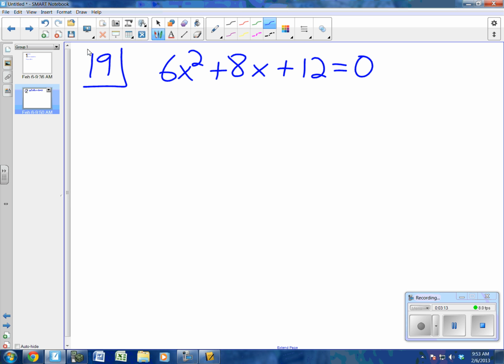Okay, so right here, we're going to solve this one. I need to know what a, b, and c are. Well, what is a, everybody? 6. What is b, everybody? And what is c? 12. Okay, we're going to solve this problem right here.